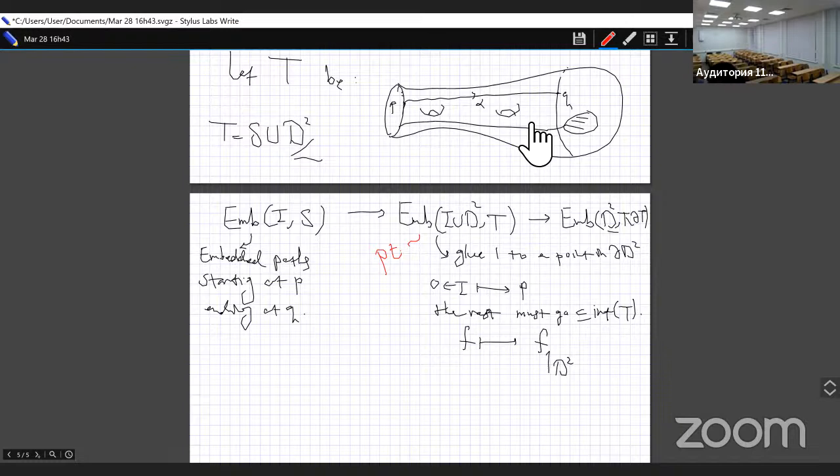Look at it this way: first forget about this T, and you can just make the path shorter to something here, and then go to it again. Well, this shows that this space is connected, but why is it contractible?